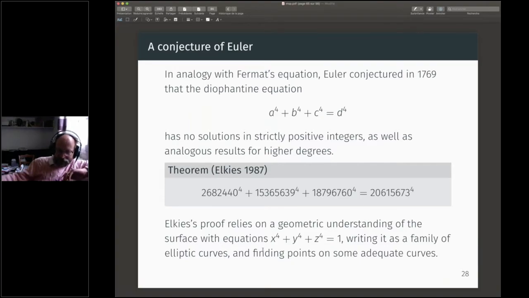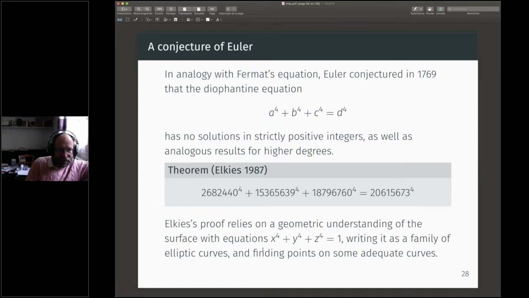And now, using all the theory of elliptic curves, he could find appropriate elliptic curves in this family which have points, using all that is known about elliptic curves, and especially theorems which were quite recent, 1978 or something like that. It's a very nice paper, a beautiful theorem.